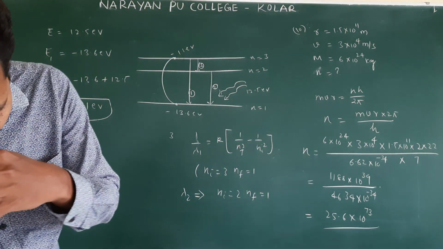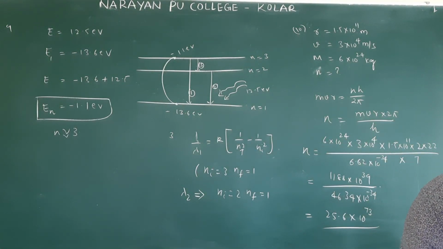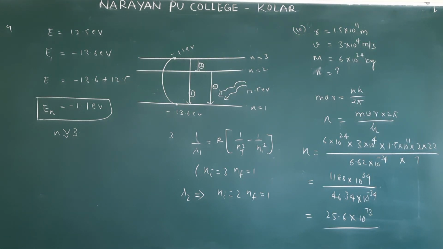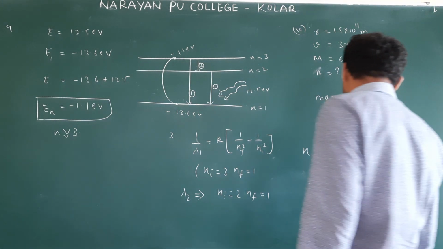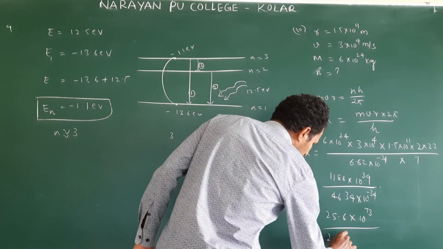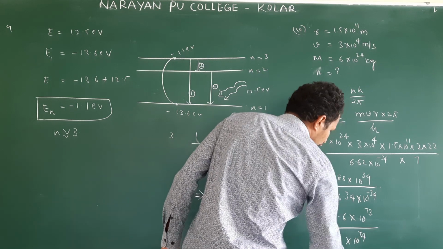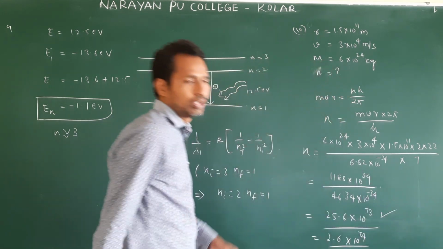So this is the orbital quantum number for Earth. Let me check this answer. Yeah, 2.6 into 10 power 74 after moving the decimal and rounding off. Of course, this is also correct.